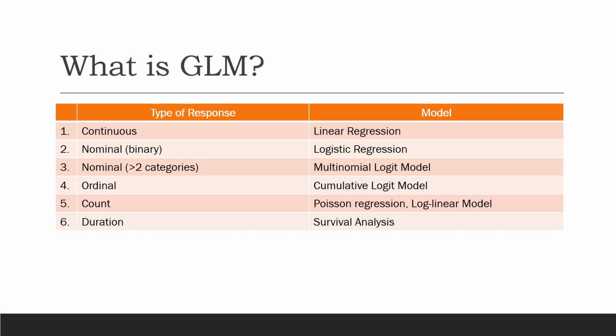Number 4, ordinal variable. Now, ordinal implies that there is an order to the response variable. For example, we want to model the grades of a class of students. Now, suppose that the only possible grades are A, B, and C. We can label these as 1, 2, and 3 respectively.